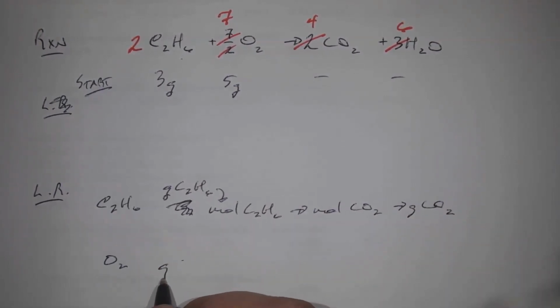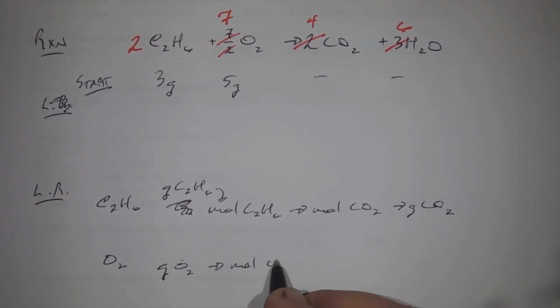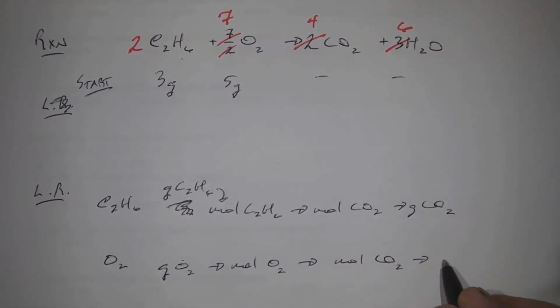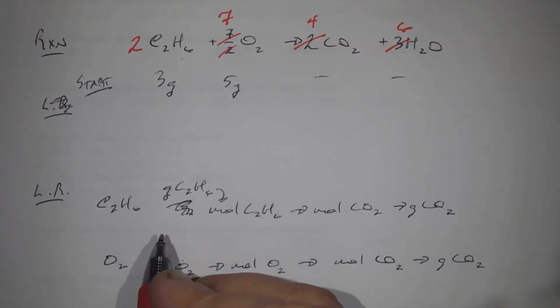For oxygen, it would be grams of oxygen to moles of oxygen to moles of CO2 to grams of CO2. Alright, so we have that. And then we just do the calculation or set the solution up exactly.